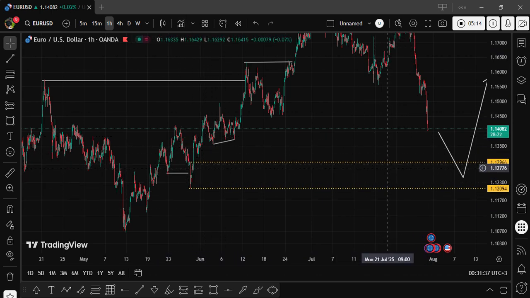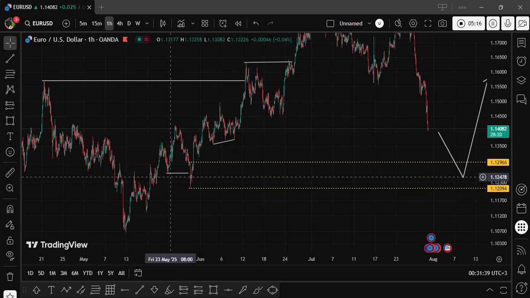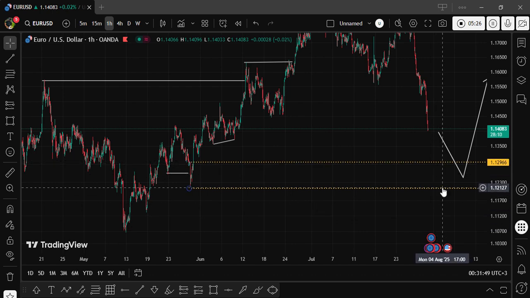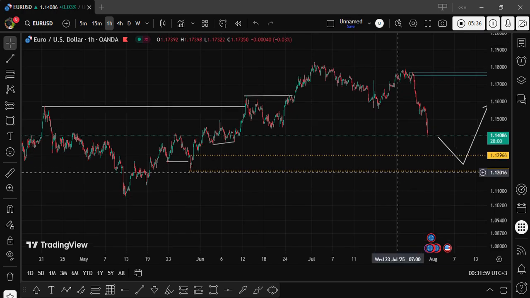This is a demand zone. Reason being, it has taken out liquidity below this low and this low too, if you can see. So I don't expect price to close below this. If price fails and closes below this, then I'll shift to bearish because I will have no other options.